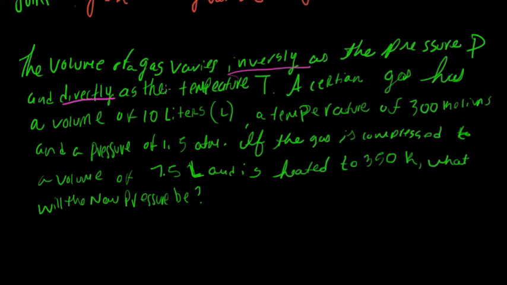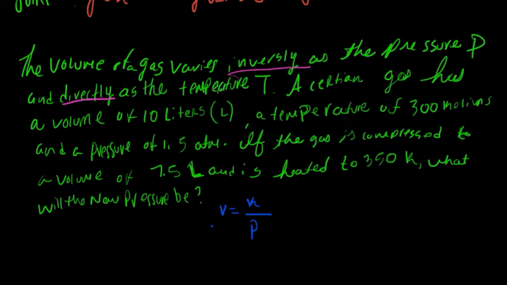It says the volume of a gas varies inversely as the pressure P, so that will be K over P. So P is in the denominator, because quantities that vary inversely are in the denominator.